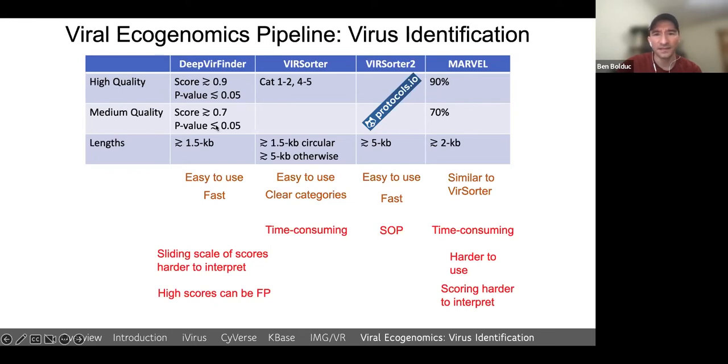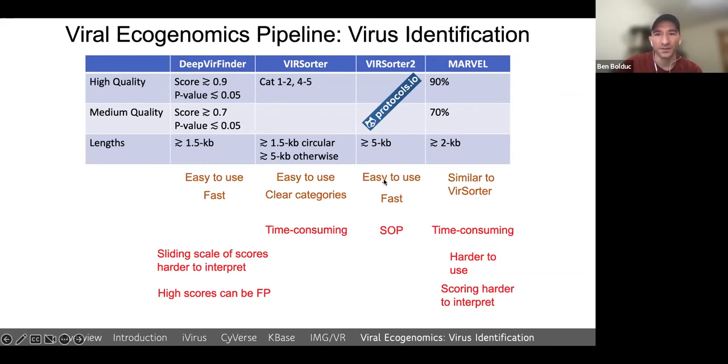I've put the recommendations that we in the Sullivan Lab use to distinguish between the different quality levels in order for us to compare them. The lengths, I think I have Deep Virofinder 1.5, but really there are some caveats for that. Some of the pros of each of these: many of them are easy to use.